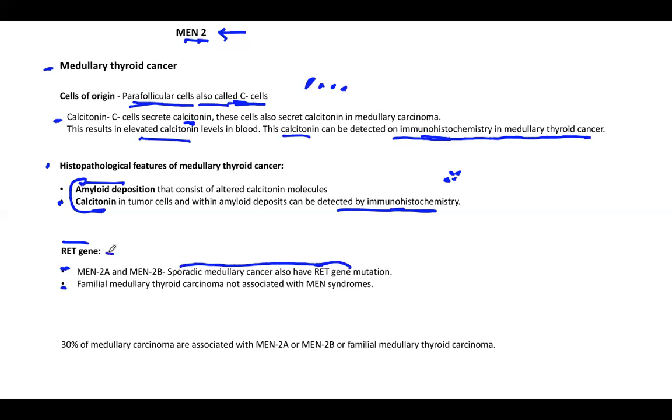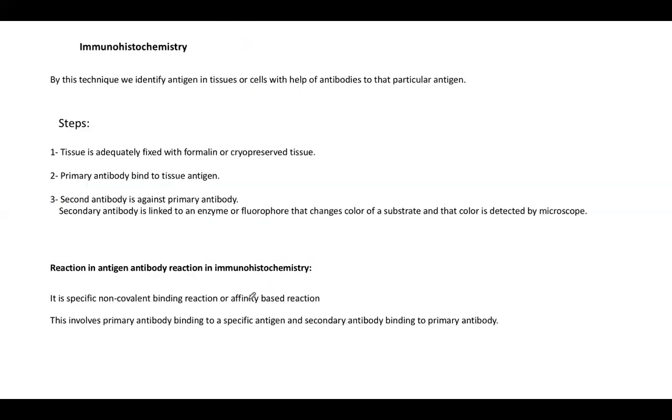It also has RET gene mutation, but it only causes medullary thyroid carcinoma and is not associated with other MEN syndromes. 30% of medullary carcinoma are associated with MEN, these three hereditary syndromes.